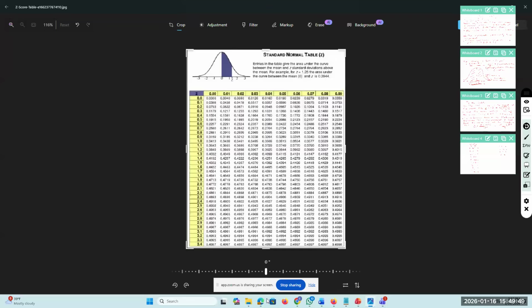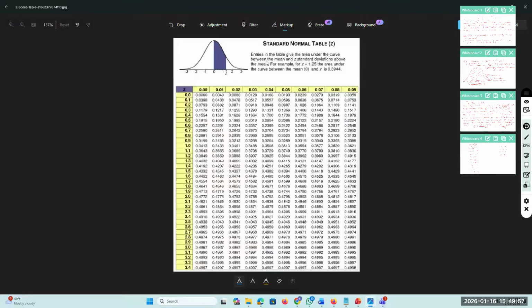Okay, so let's manage that. Where is my pen? Okay, good. So here, this sign, these are the Z values, right? I hope you are looking at this.